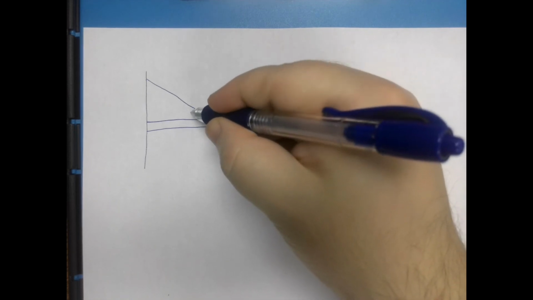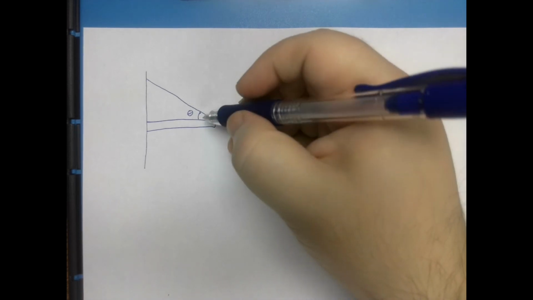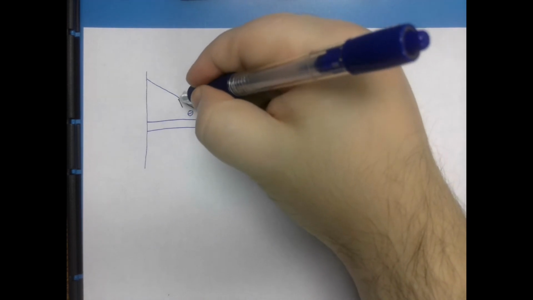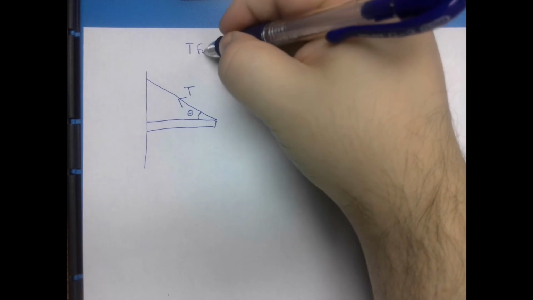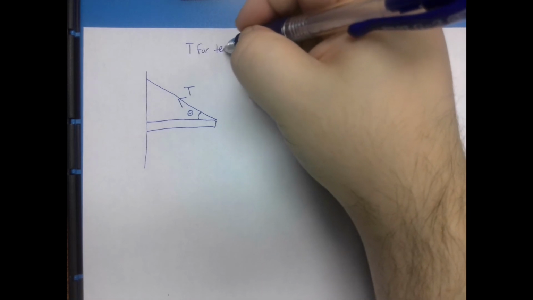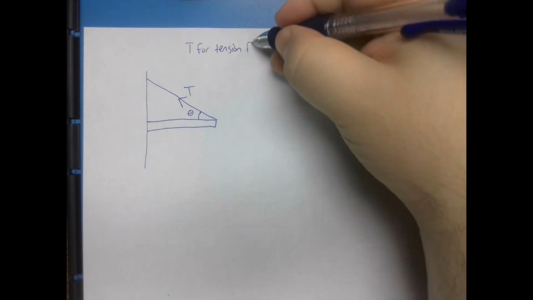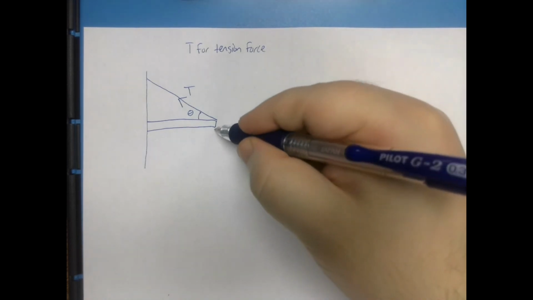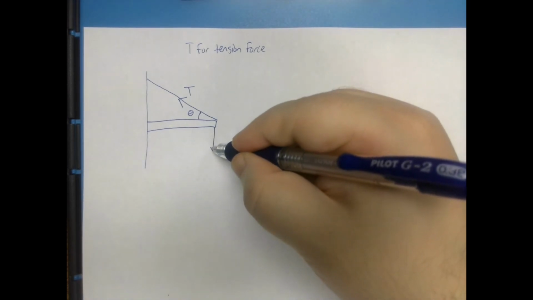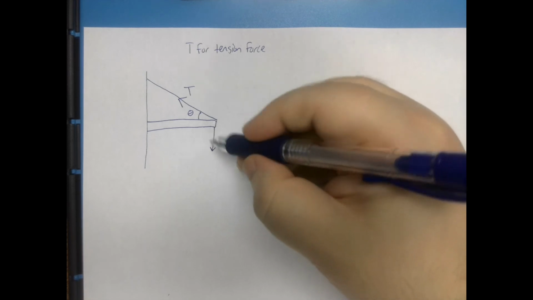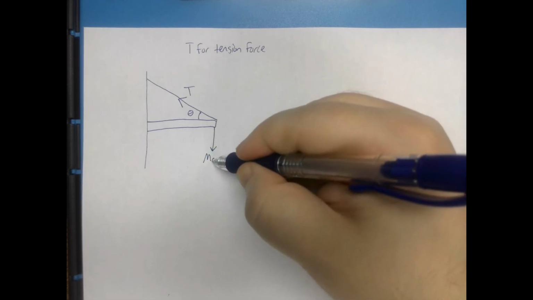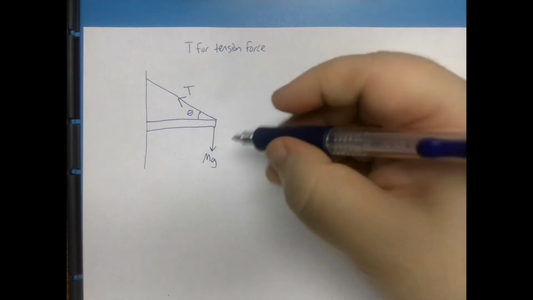this rope at that angle of theta, so there's going to be a tension force. And then we have an object at the end with a mass of m.